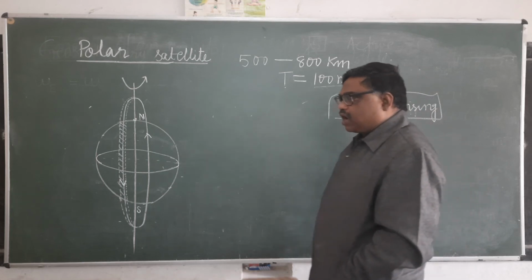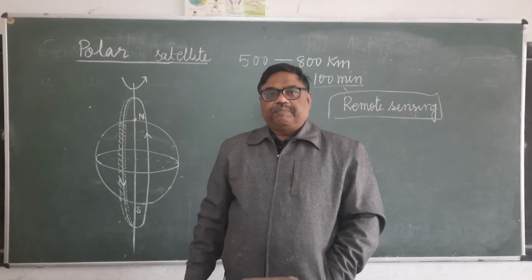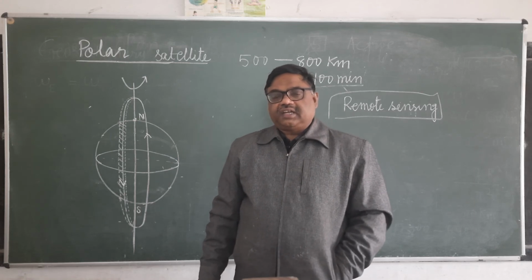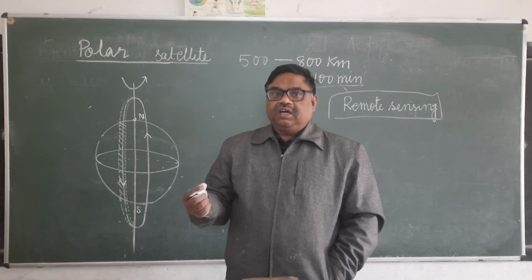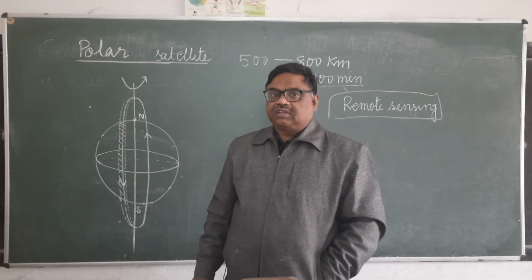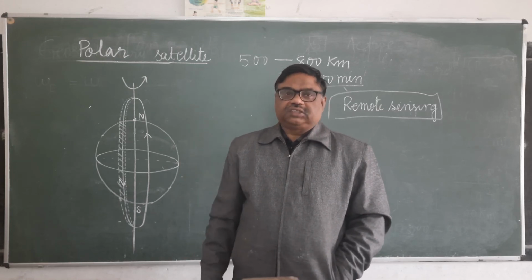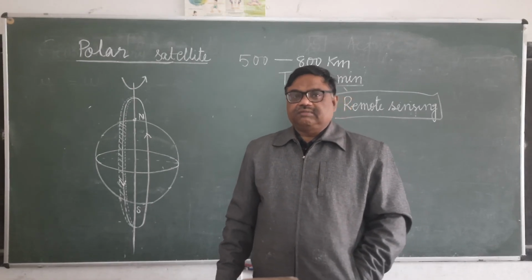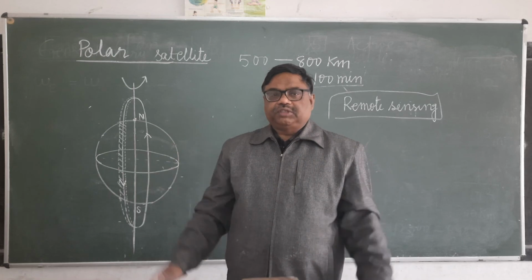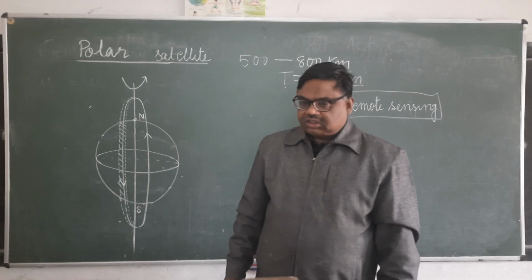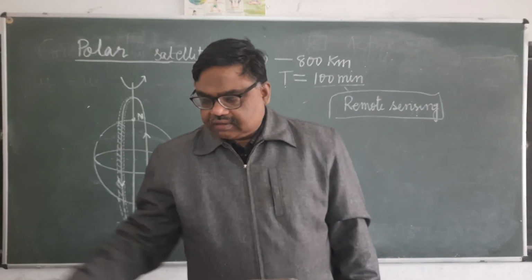Therefore, they pass over the earth approximately 15-16 times in a day, and every time they record the observation of a different portion of the earth, though that portion will be very small in area, but when they record 15-16 times, an observation about a big area will be obtained. So this is all about the polar satellite. Thank you.